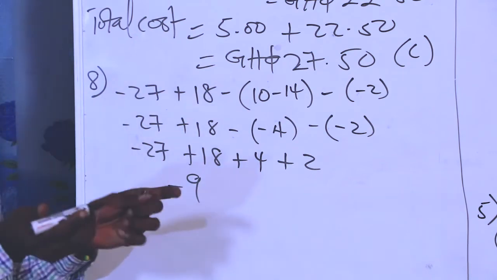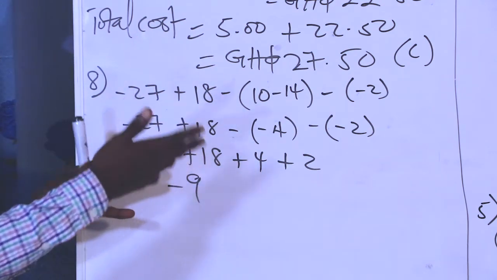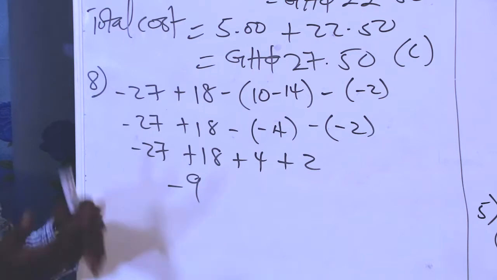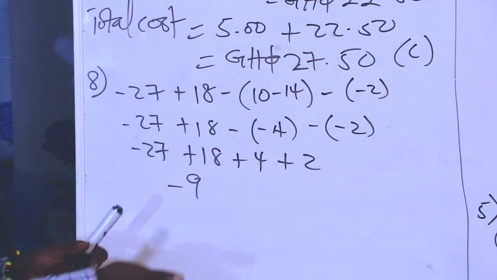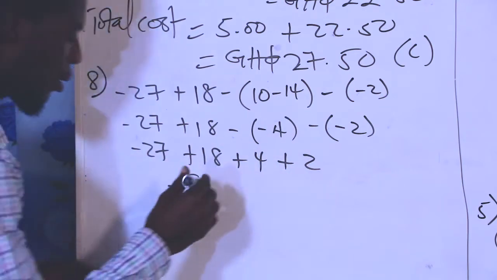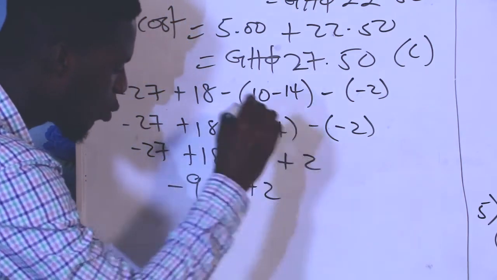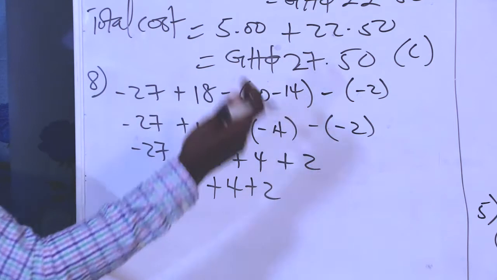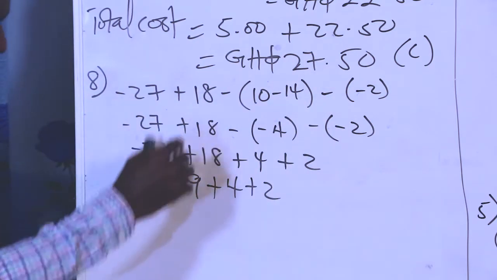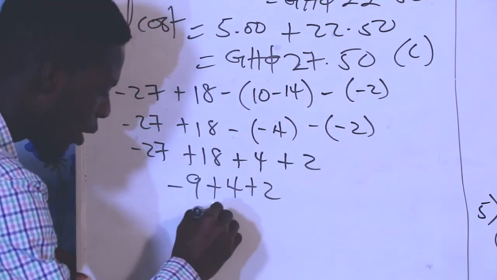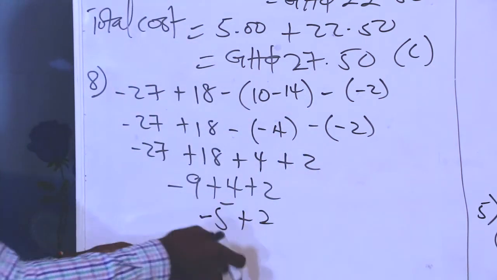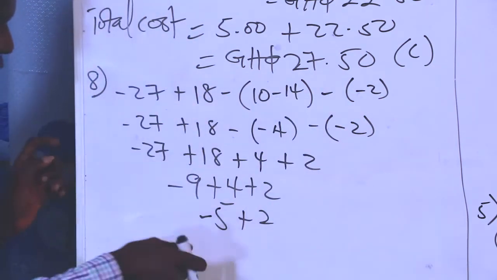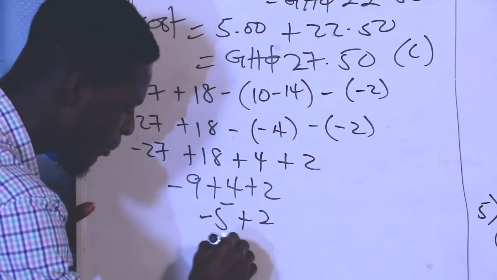Somebody says that I'm owing 27, I have 18. For better understanding, you pay off your 18 and you still be left with 9 to pay. So minus 9. Plus 4 plus 2. Minus 9 plus 4, if you use the same ideology, the answer becomes minus 5. Then minus 5 plus 2, if you use the same analogy, you find out that the answer becomes minus 3.